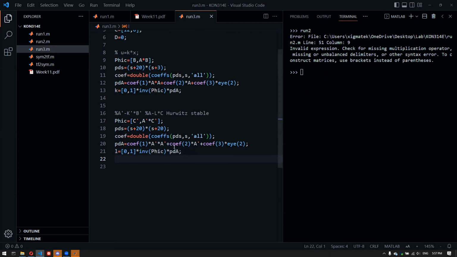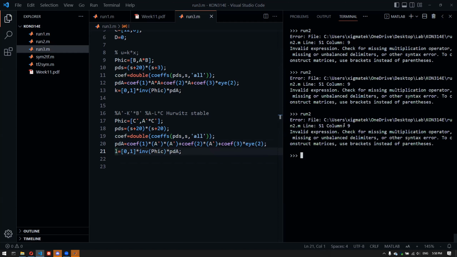We're missing the multiplication operator somewhere. So maybe I should do something like that. Nope, still an issue here.